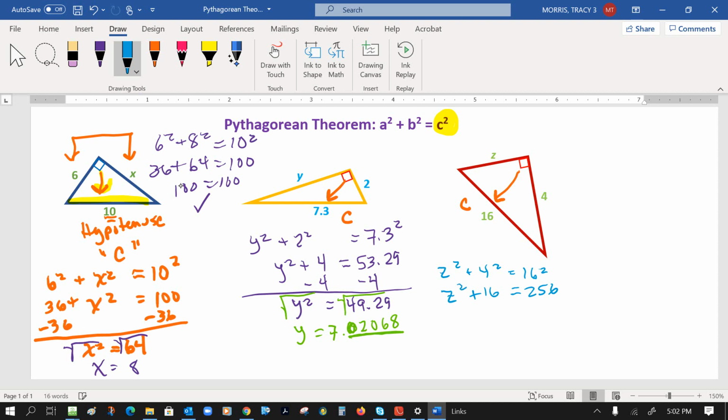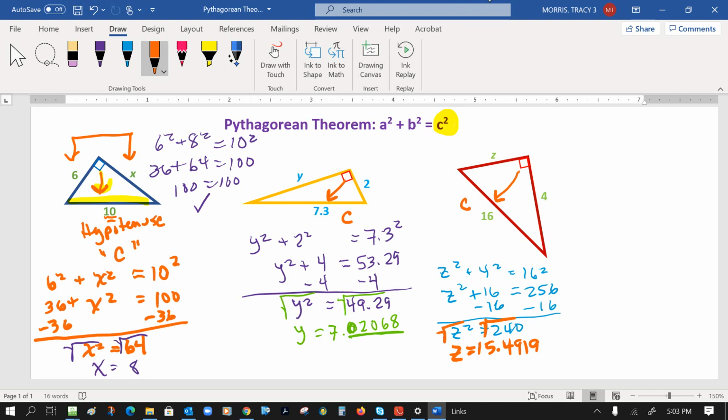And here's z squared. Let's move our 16 to the other side. z squared equals 240, and your decimal answer for z will be equal to 15.4919.